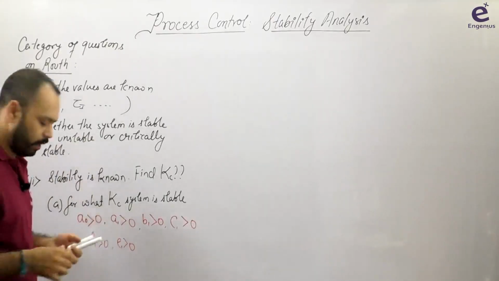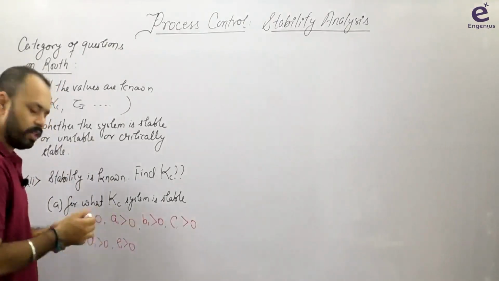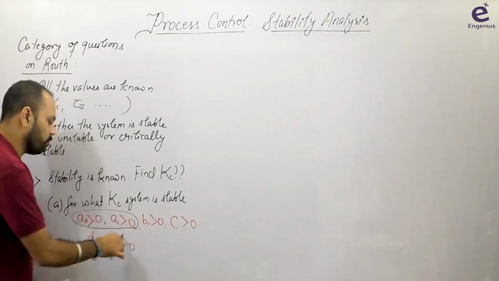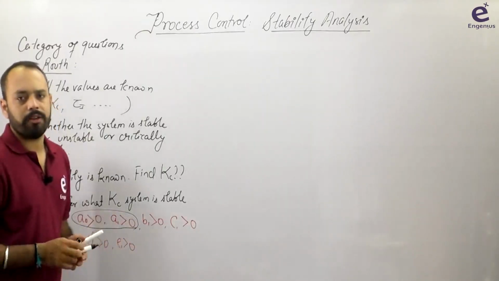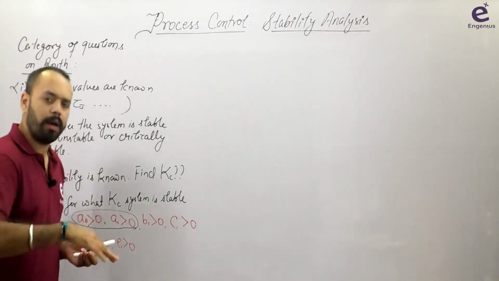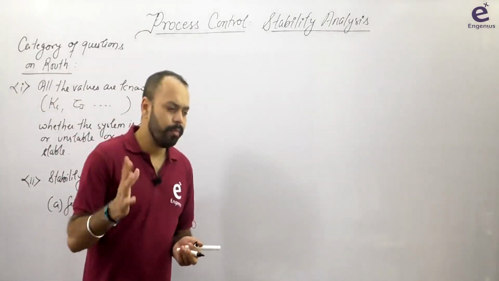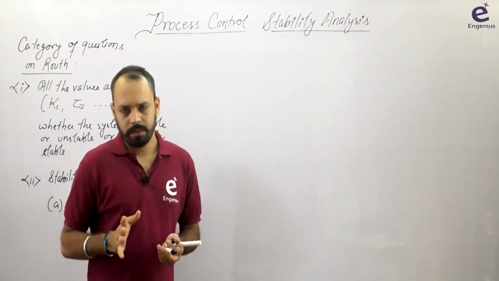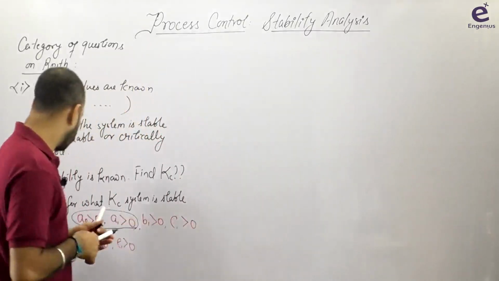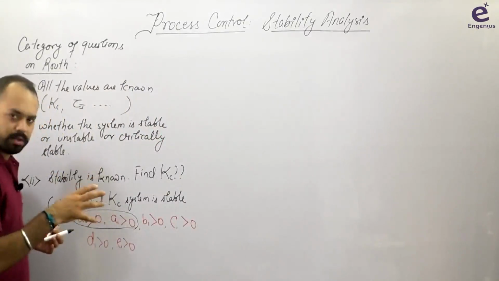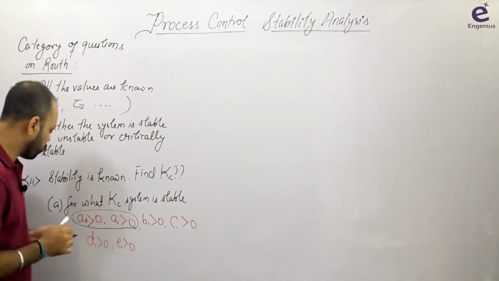Now see what happens: when you solve these kinds of questions, these are already greater than 0. Why? Because I told you the criteria that you will make the Routh table only when you have a doubt, whether the system is stable or unstable, because all the coefficients are positive.